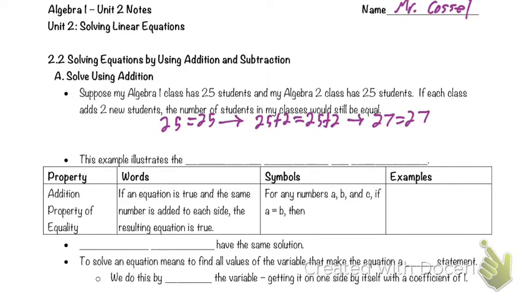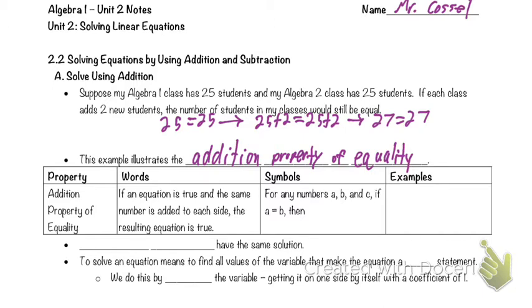This example illustrates what we call the addition property of equality. It kind of shows it.